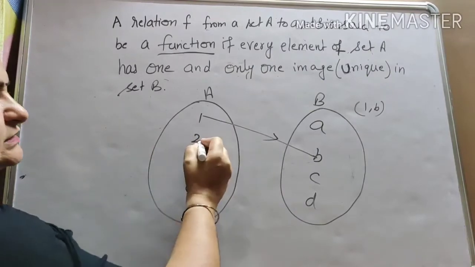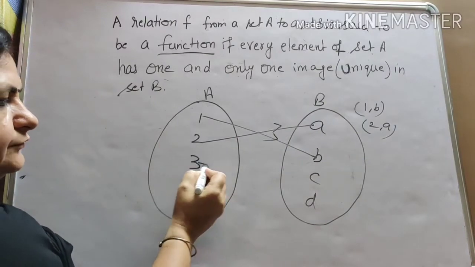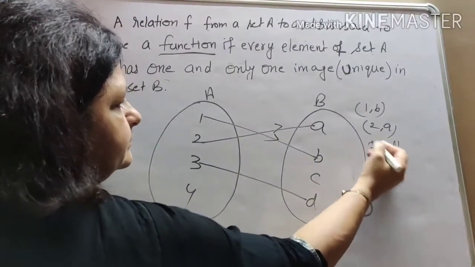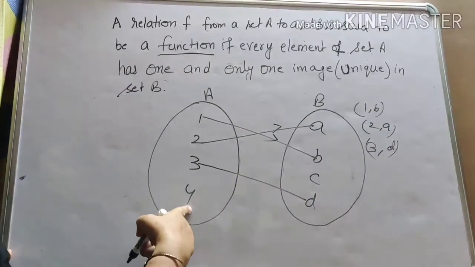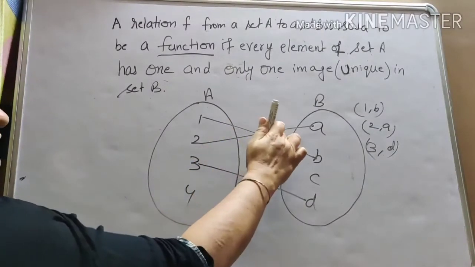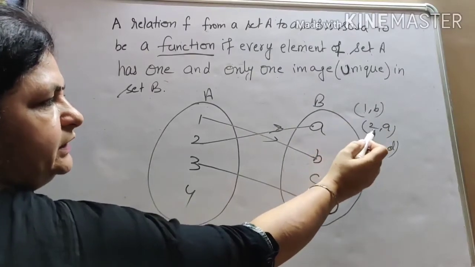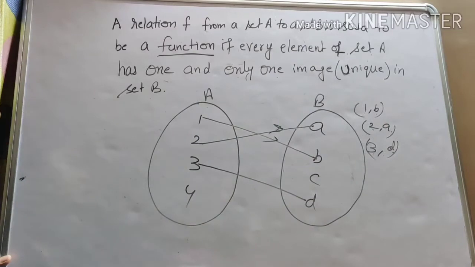Image of 2 is A. Image of 3 is D. But there is no image of 4. So, if it is given that the image of 1 is B, the image of 2 is A and the image of 3 is D, now this relation is not a function.